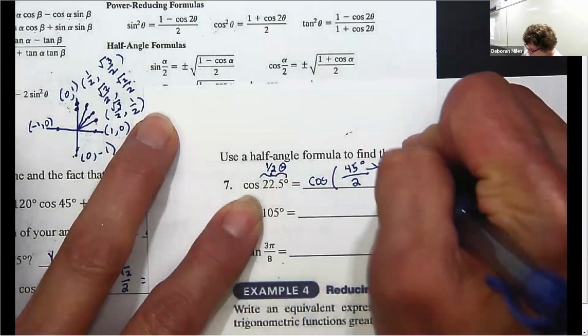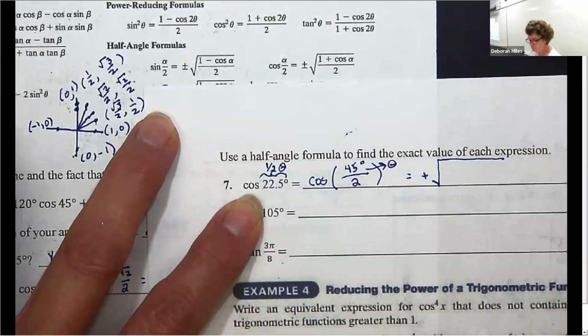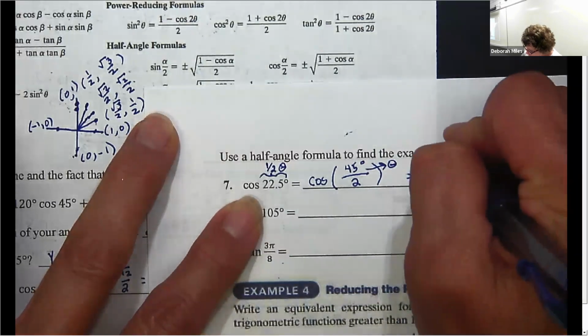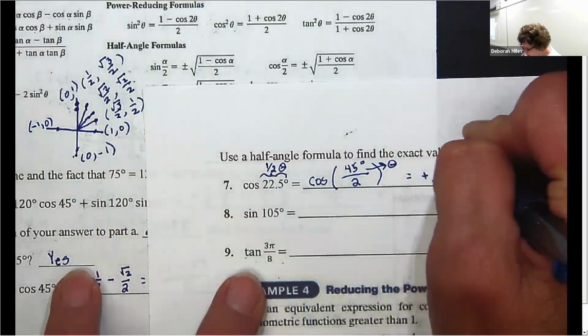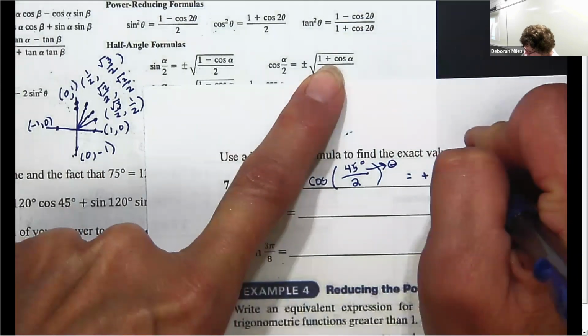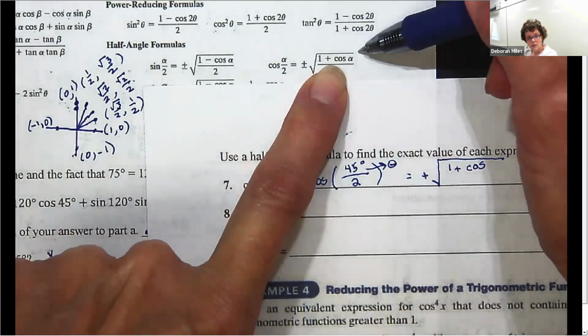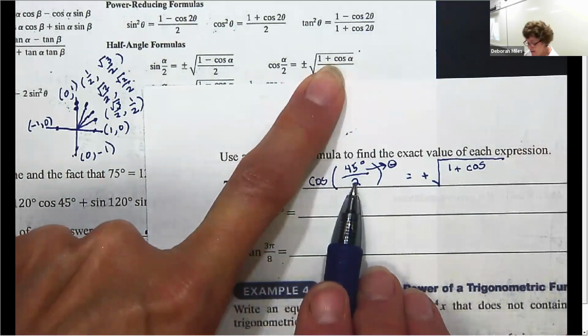So I'm going to use the formula positive square root of 1 minus, no, cosine's 1 plus cosine of my angle. My angle here is 45 degrees.